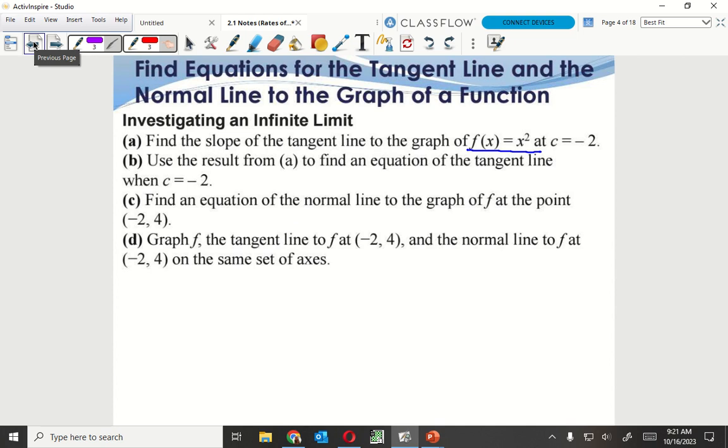So now find the equation of the normal line to the graph of the function at the point (-2, 4).